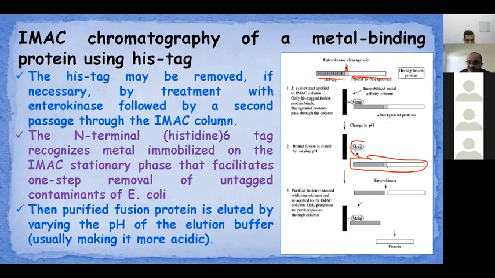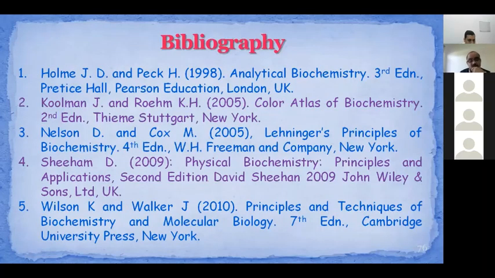Then it is treated with the enterokinase to remove the His-Tag portion. Then it is again passed through the column for recovery of the pure protein. So this is the end of my presentation.